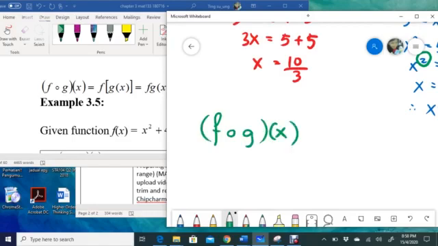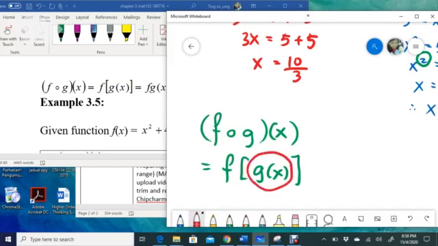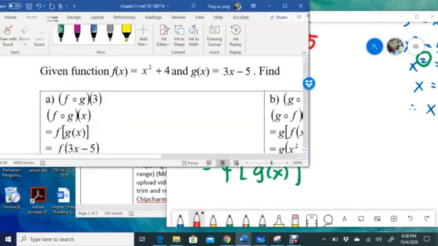Do remember to write back, so your g(x) is inside. That means you may need to solve your g(x) first before you encounter the function. I think this is very logical, right? We're using the same functions again.